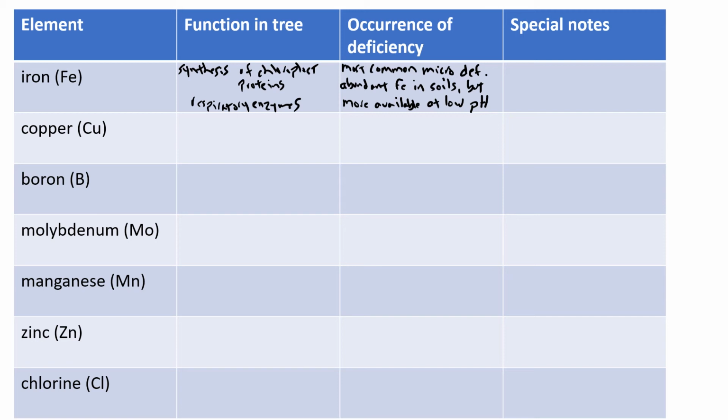Whereas here in the southeastern US, for instance, many of our soils are quite acidic. And what that means is that iron deficiency is much less common in our soils, because the iron that is in the soil is readily available at that low pH. Iron, sort of like calcium, is relatively immobile.